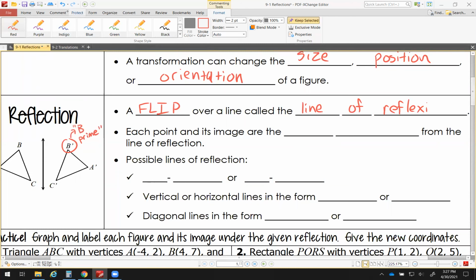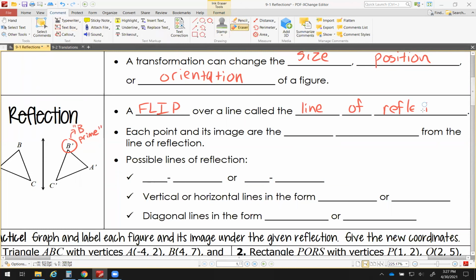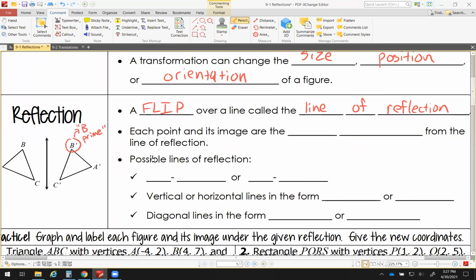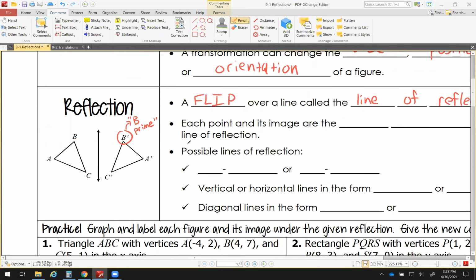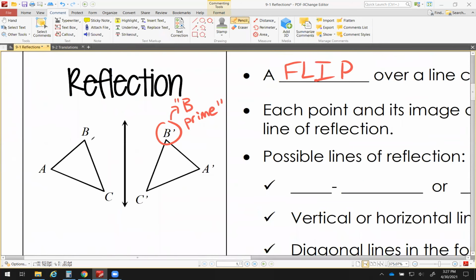And I should probably spell the word reflection right. Reflection. There we go. Now each point and its image. Okay, so we can think of the whole shape as being the pre-image and the whole shape as being the image, or we can think about each individual point as being an image or a pre-image.